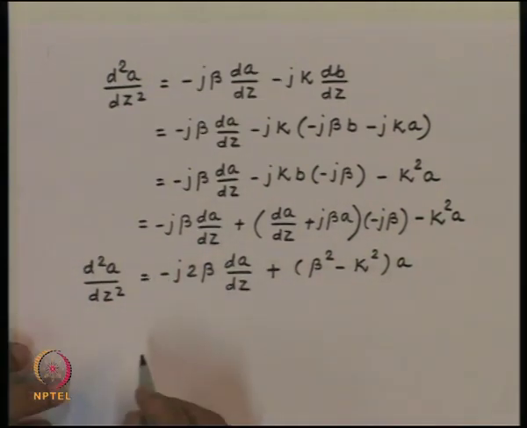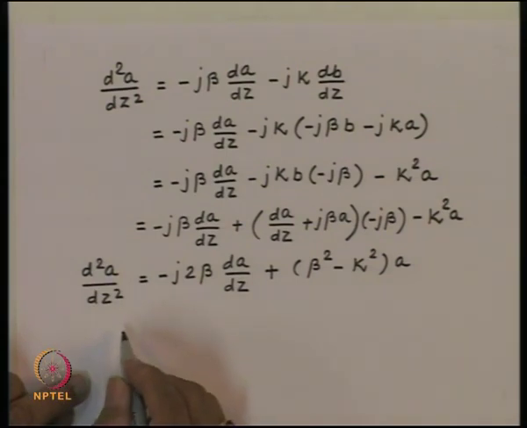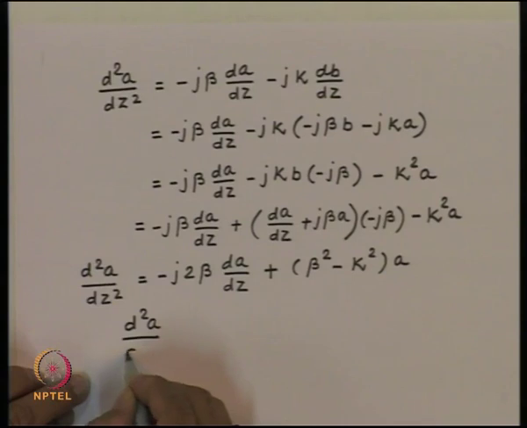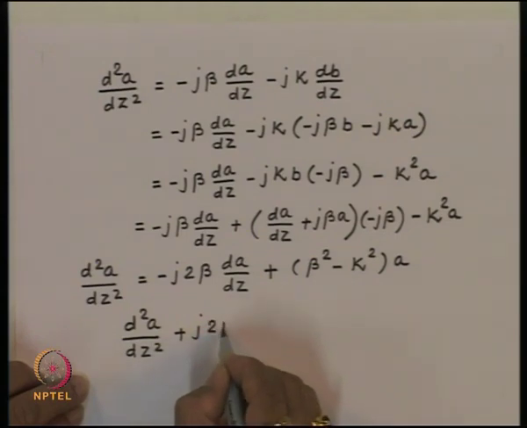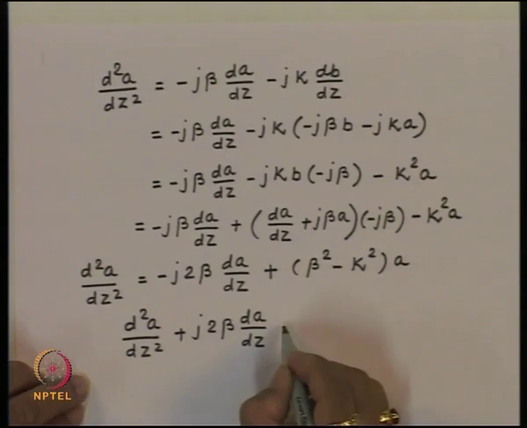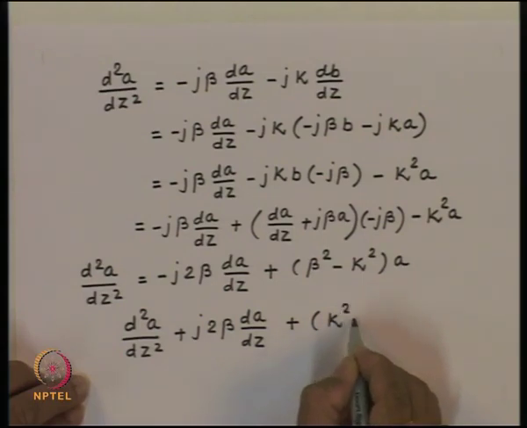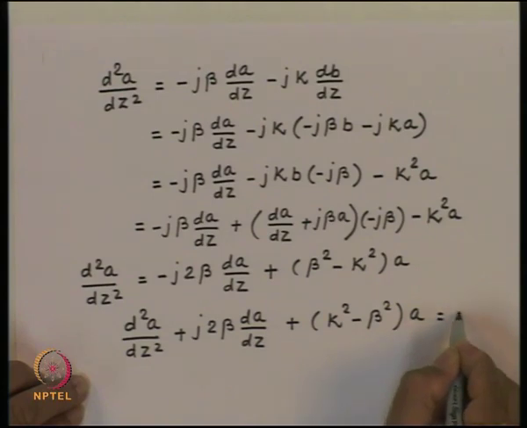Bringing all the terms on one side, essentially we now get the differential equation for A. So, this is d2A by dz square plus j 2 beta dA by dz, plus, bring on this side, k square minus beta square A, that is equal to 0.